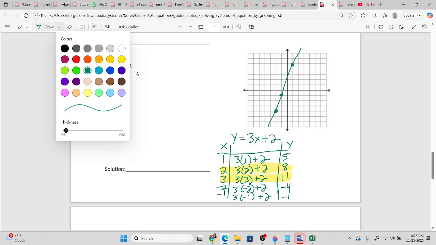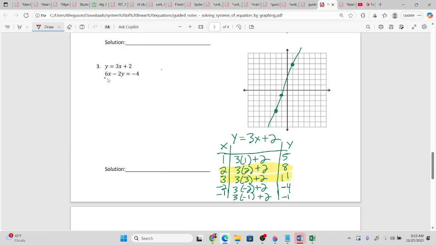Right? Now, this right here isn't really in a form that we've worked with a lot. So the first thing we're going to do is change it. We're going to isolate the y. So what do I do first to isolate the y? Not exactly.